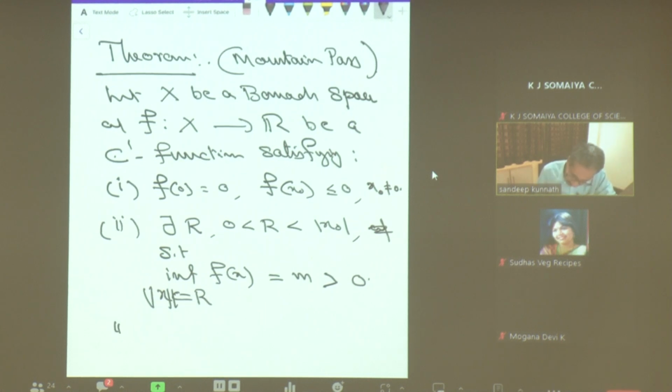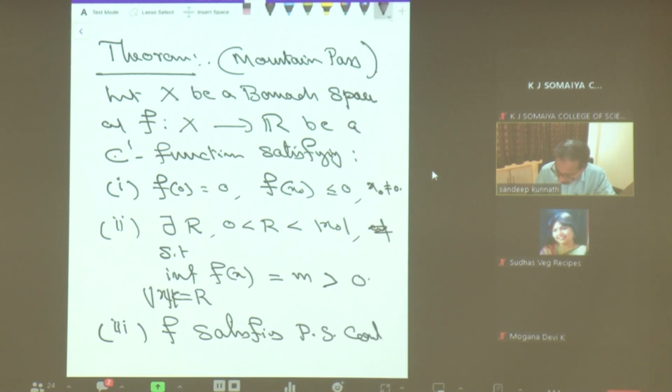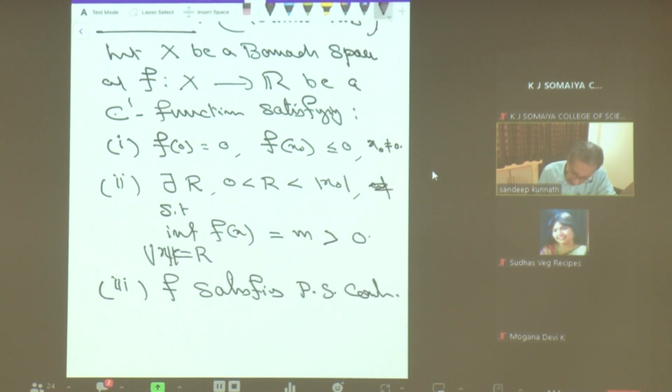And there is another condition: f satisfies what is known as the Palais-Smale condition, or PS condition. If you have these conditions, this implies that f has a critical point.